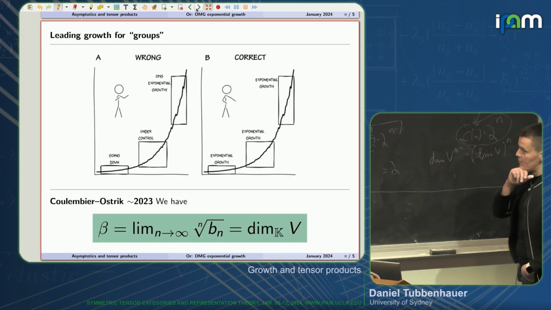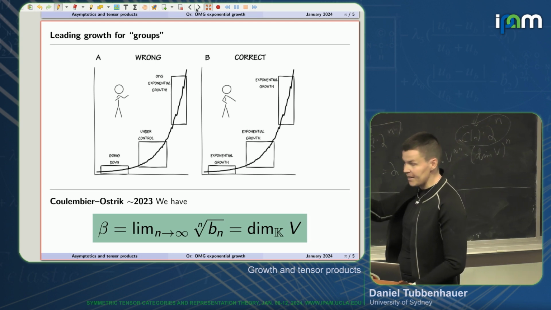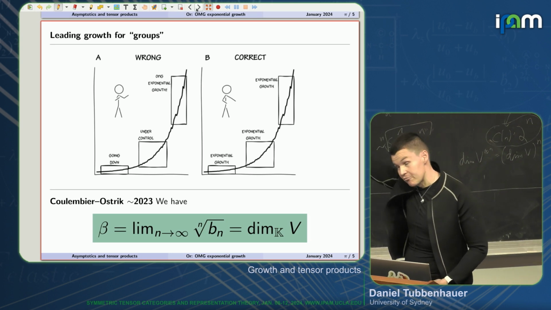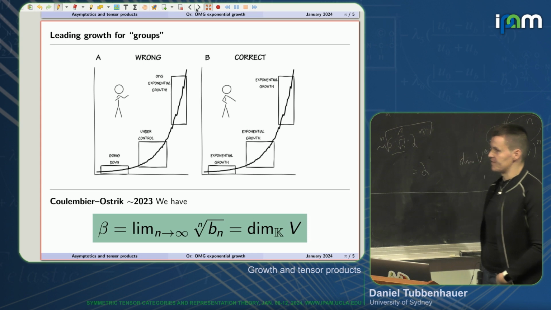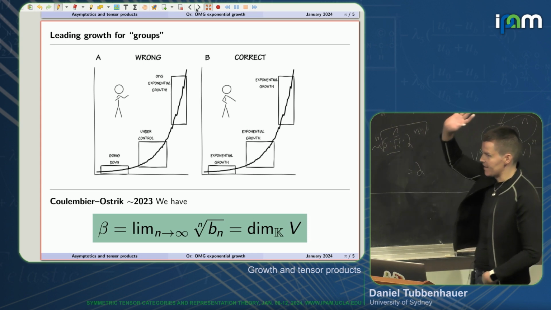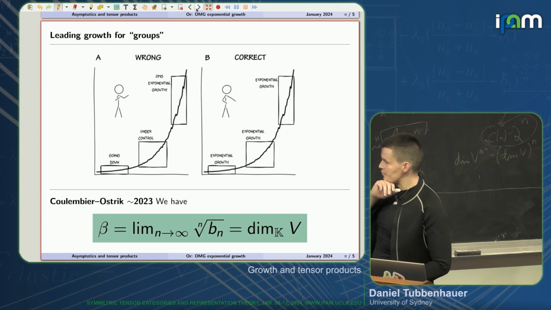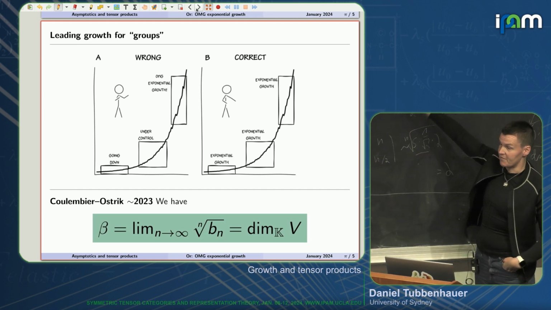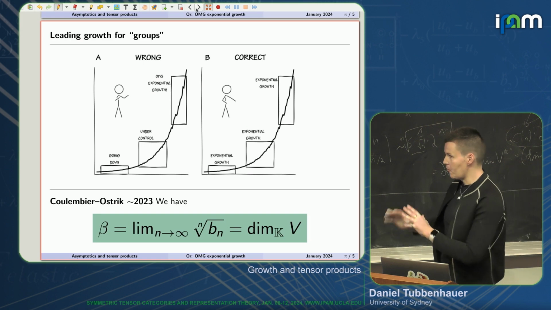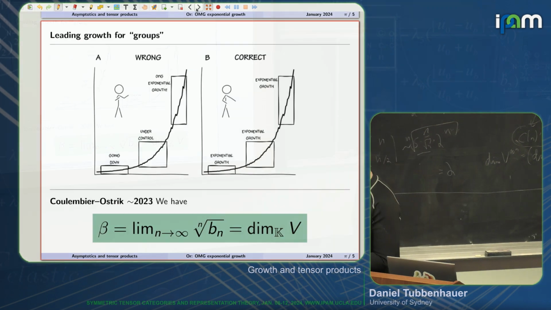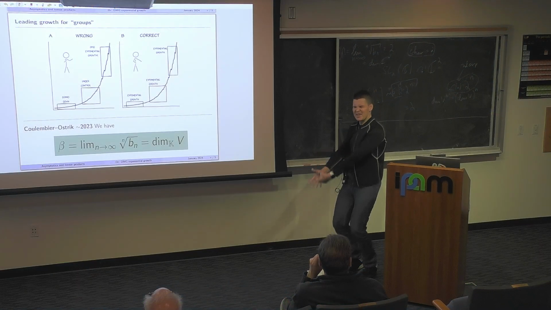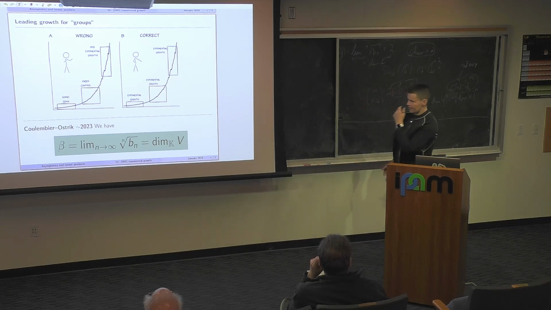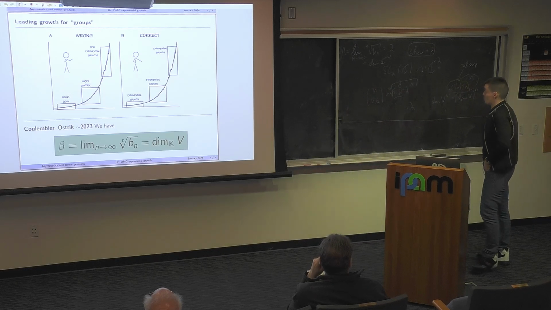So for anything on the previous slide, any semigroup, this is actually true in any characteristic, for any representation of your group, that this limit is always the dimension of the space. So in all of these settings, no matter what you do, indecomposable summands are really tiny compared to exponential growth.